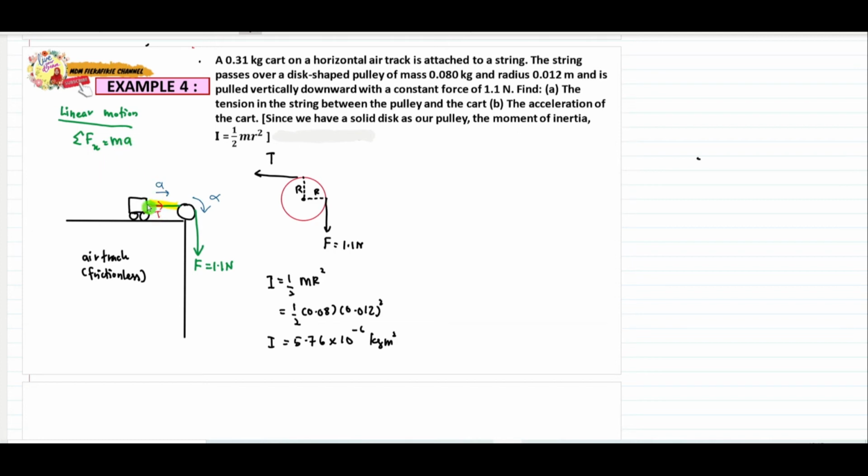Tak ada friction, so the only force in horizontal direction is the tension. So T is equal to MA. So saya tak boleh pun nak selesaikan. We want to find T, but we don't have value of A. So tak boleh nak gunakan equation linear motion. So we proceed to the second part where we need to use the rotational motion.